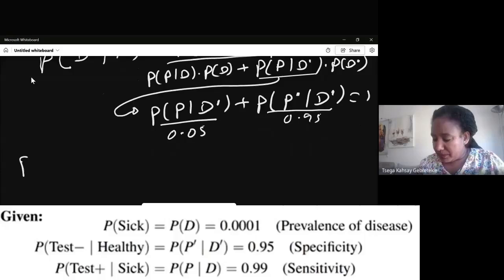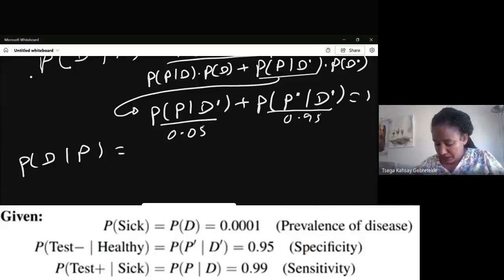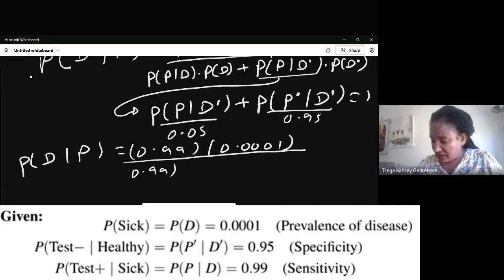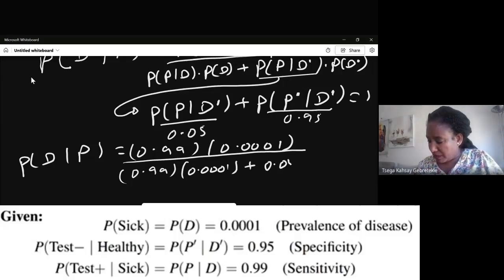So what will be probability of D given P then? It will be 0.99 times 0.0001 divided by 0.99 times 0.0001 plus 0.05, which is this one, times 0.9999, which is 1 minus this expression.